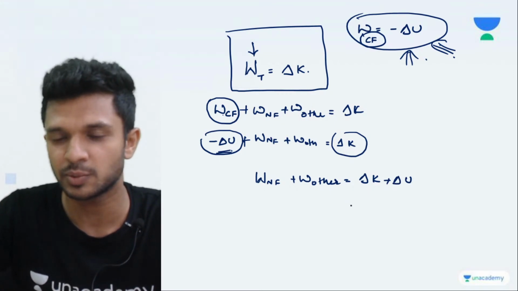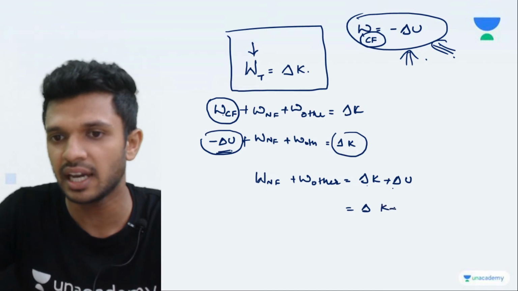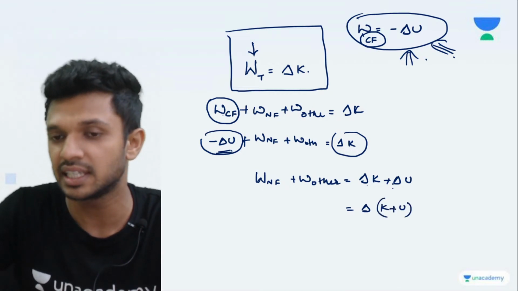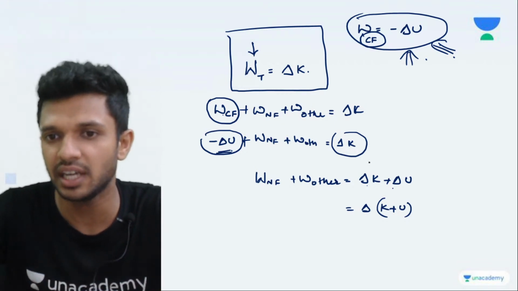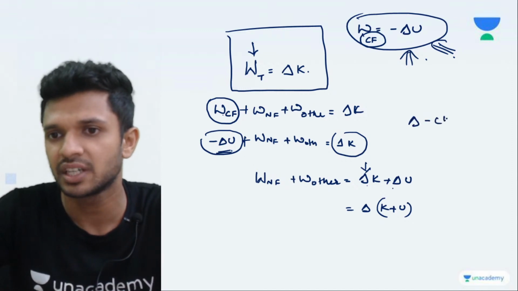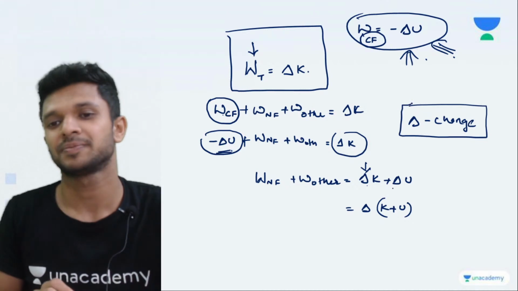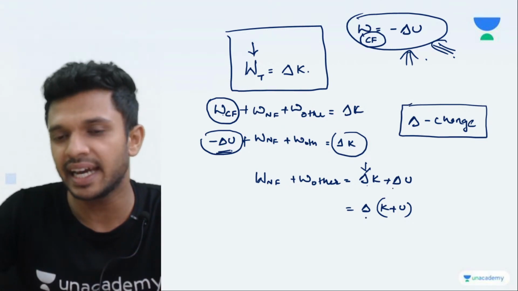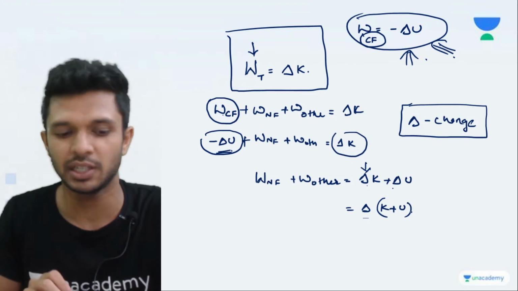Very important concepts, okay? If you take the change outside, this will be kinetic plus potential, the summation of change in kinetic and potential energy. I have taken this delta, which simply says change. Those who don't know what delta means, I have written it here. So on the right hand side of the equation, we have change in the summation of kinetic plus potential.